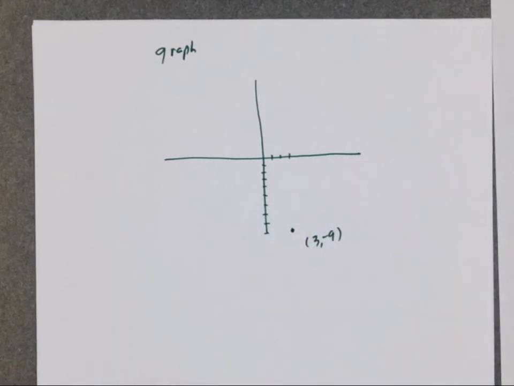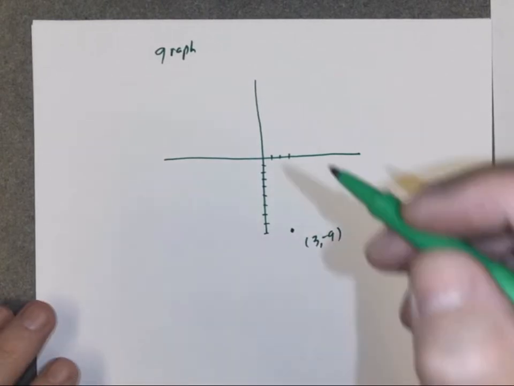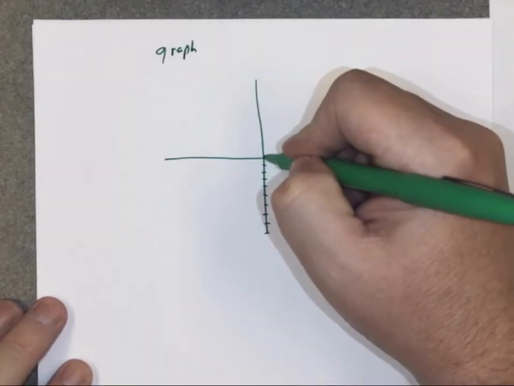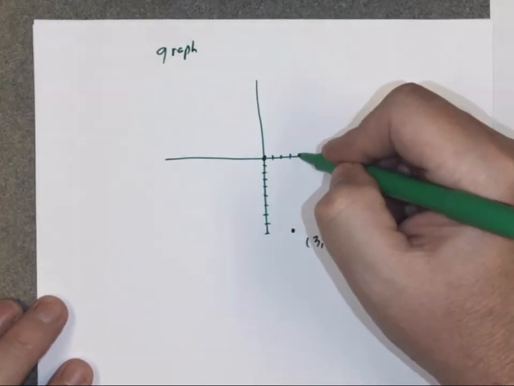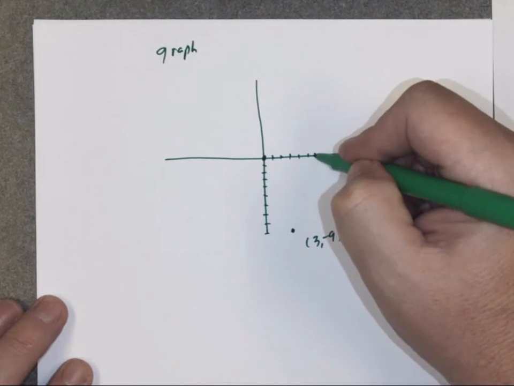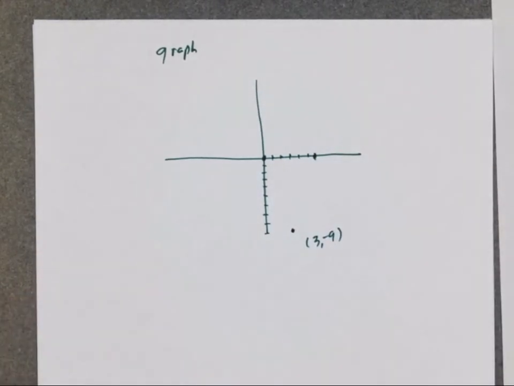Well, we just calculated the x and y-intercepts. X-intercepts are the values of x where the graph crosses the x-axis. And we said 0 and 6. So we know the graph is going to go through here, 1, 2, 3, 4, 5, and when x is 6.